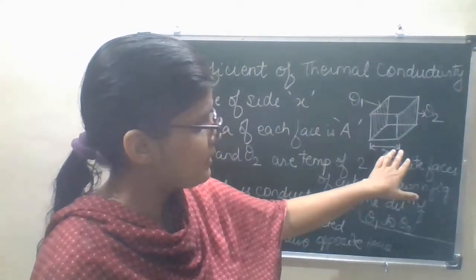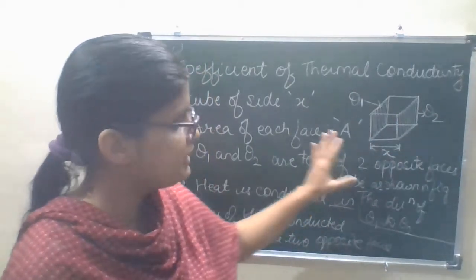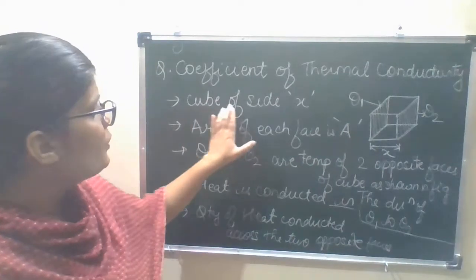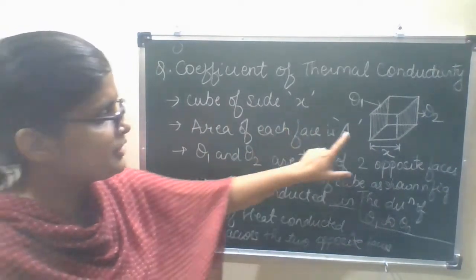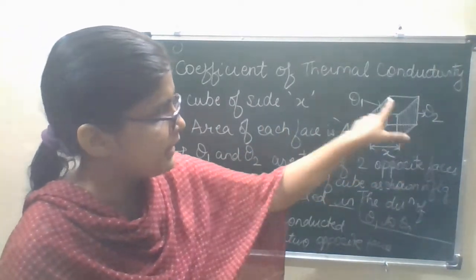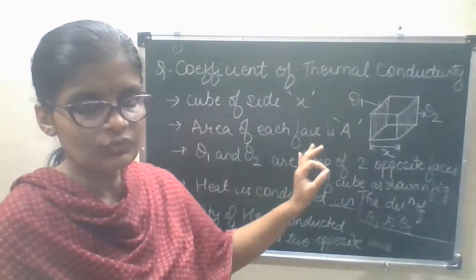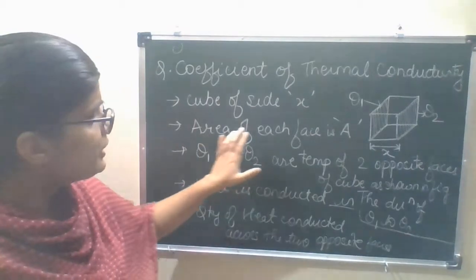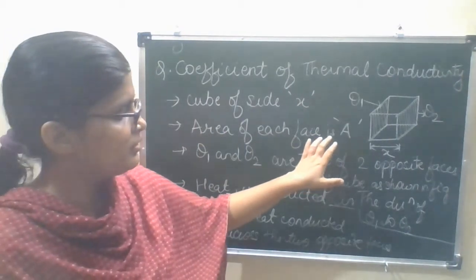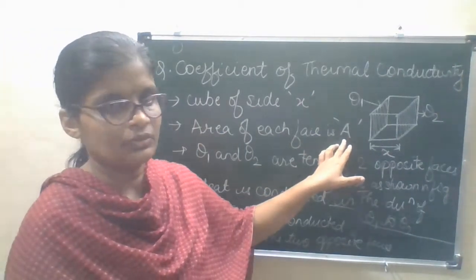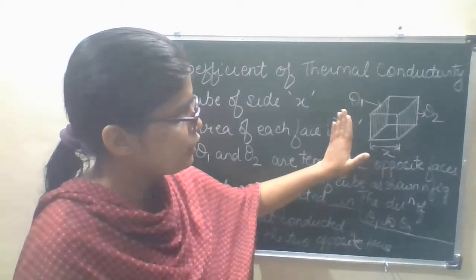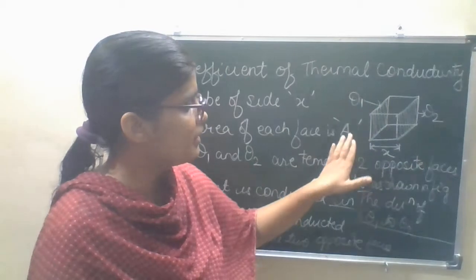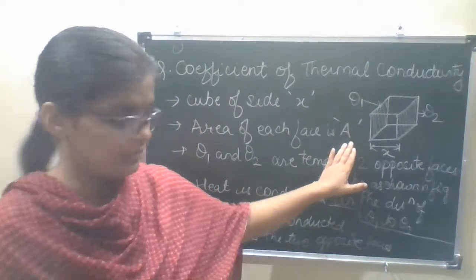What is this x and everything? We will see here pointwise. Cube of side x. So this is the cube, and each side is of length or distance x. Next is area of each face is A. Now we are talking about each face, and its area is denoted by capital A.